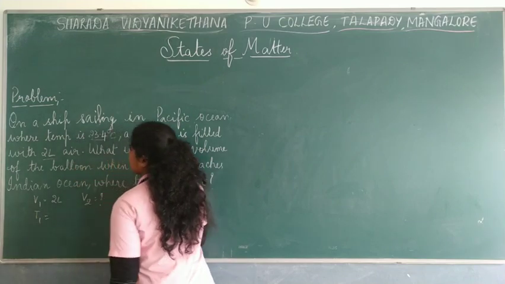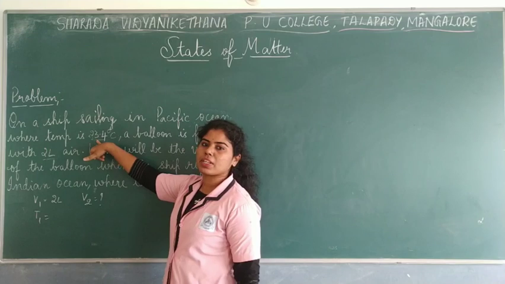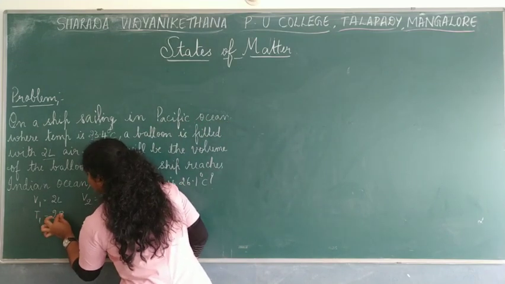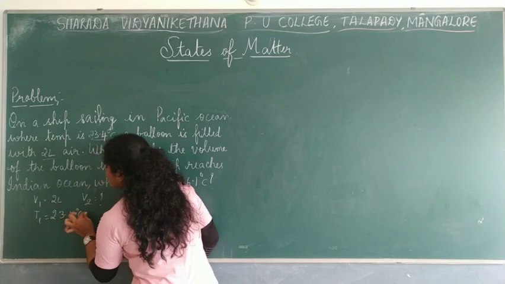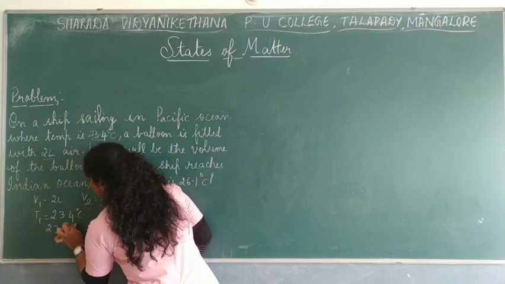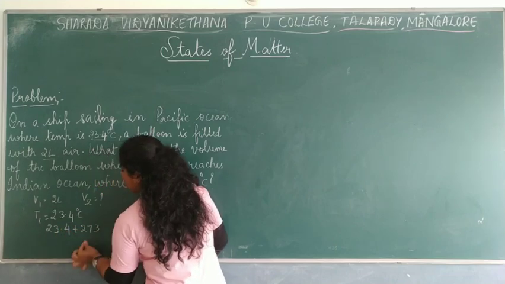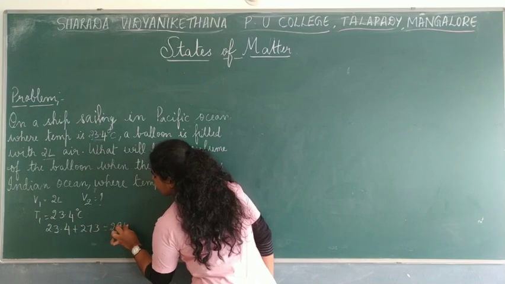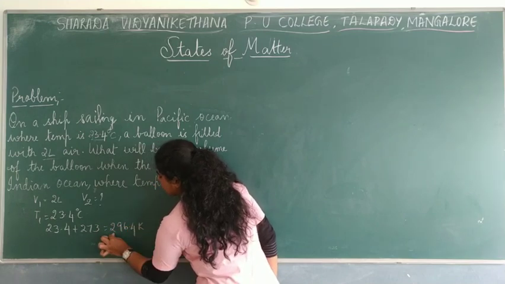T1 is given as the initial temperature, 23.4 degrees Celsius. So 23.4 degrees Celsius has to be converted into the Kelvin scale. So we do 23.4 plus 273. What would be the value? You get it as 296.4 Kelvin.